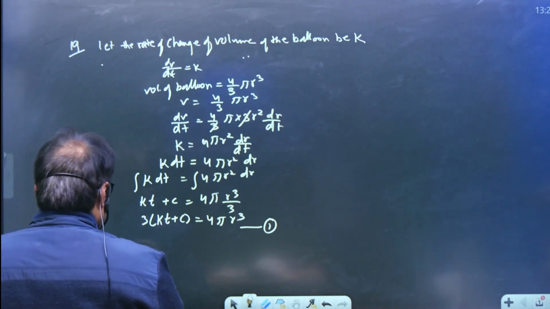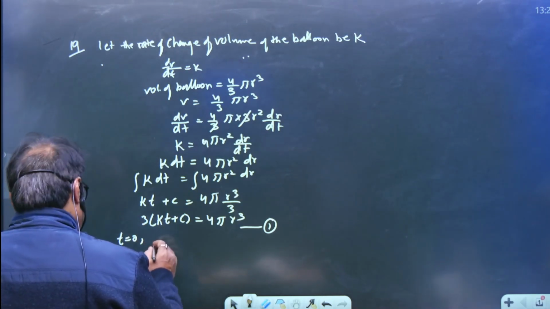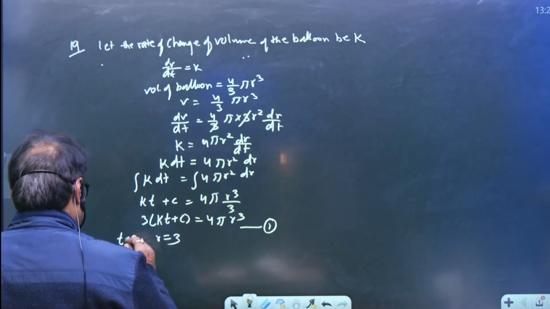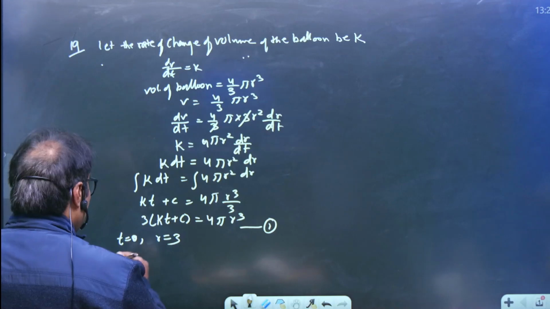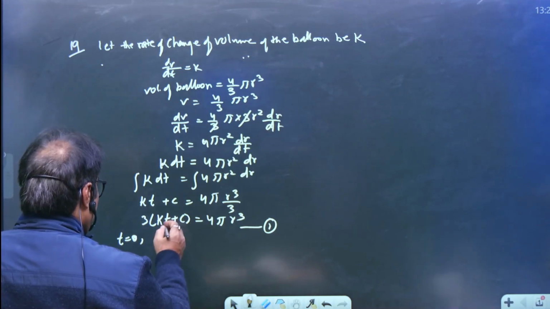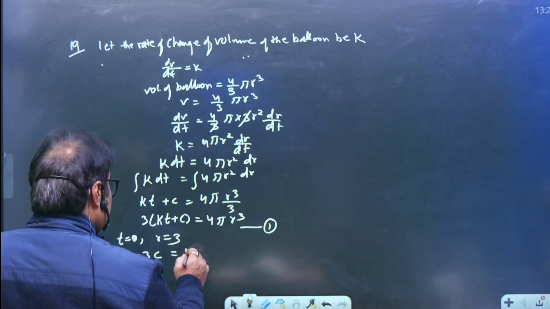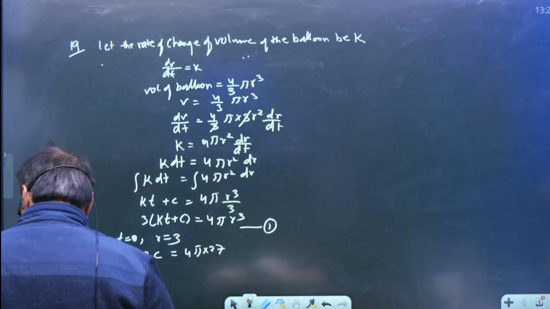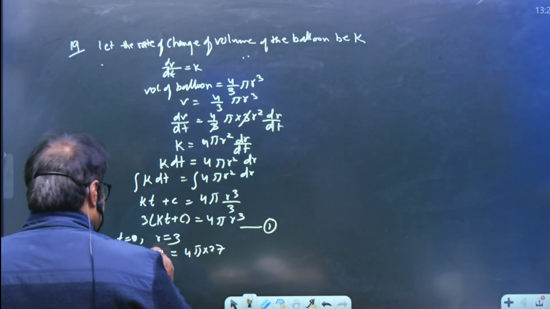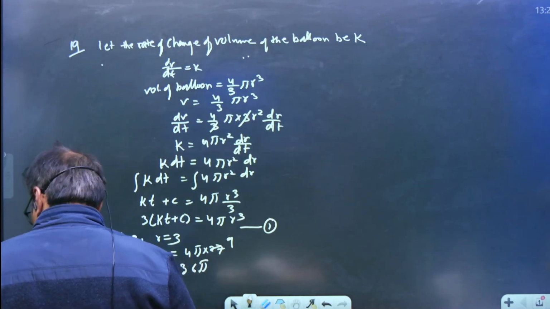And as per the question, initially time is equal to 0 and radius is equal to 3. Then t is 0. So this is 3c is equal to 4 pi into 3 cube means 27, and 3 nines are 27. So value of c is equal to 36 pi.